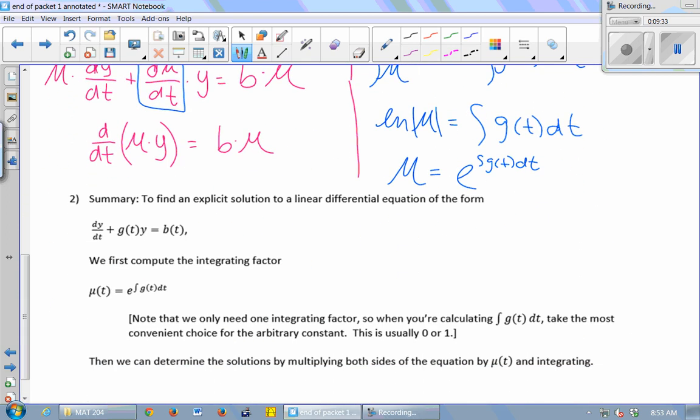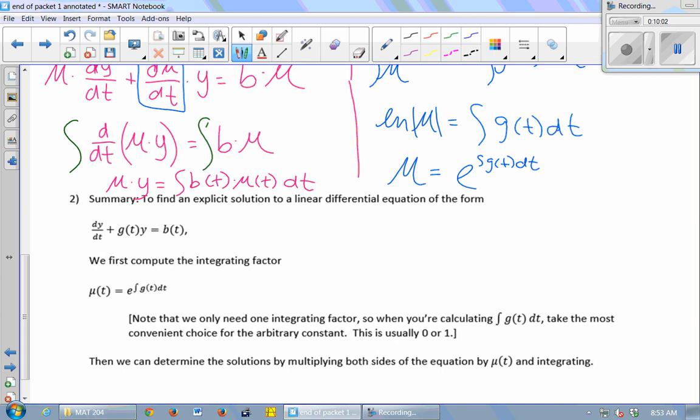All right, and then the last step is to integrate both sides. So integrate, and what is the integral of the derivative of something? Just something, yeah. So my something is μ times y, and that's just going to equal the integral of b of t times μ of t dt.